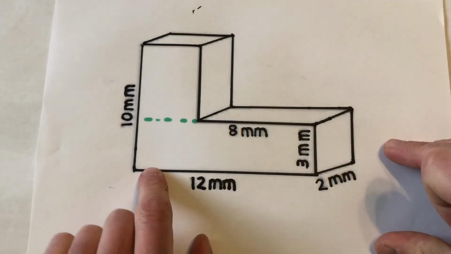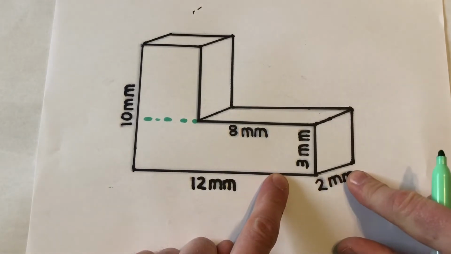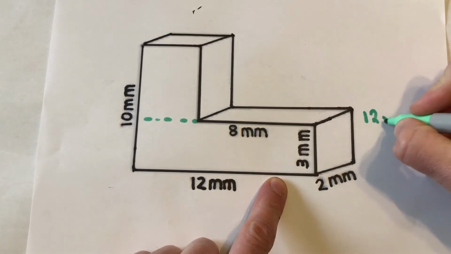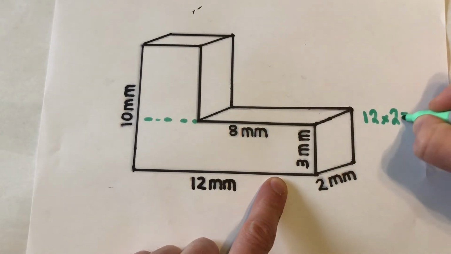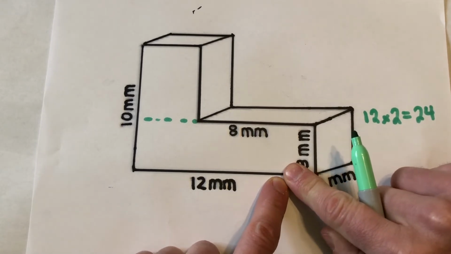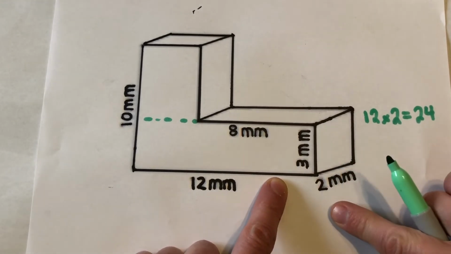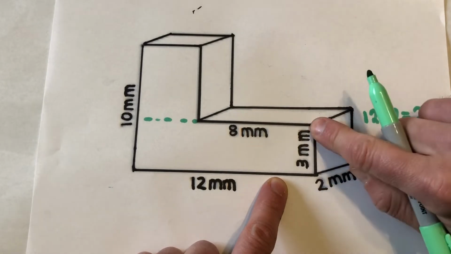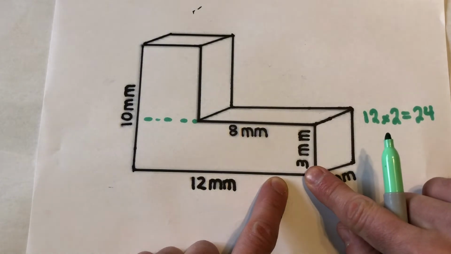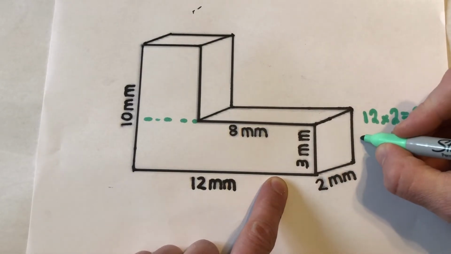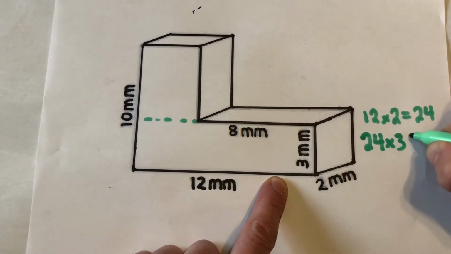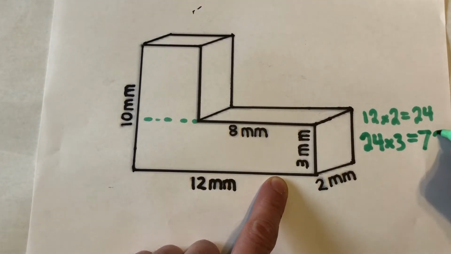So let's do the length times the width. The length times the width is 12 times 2, which equals 24. Now we have to take that number and multiply it by the height, which is 3. So 24 times 3 equals 72.